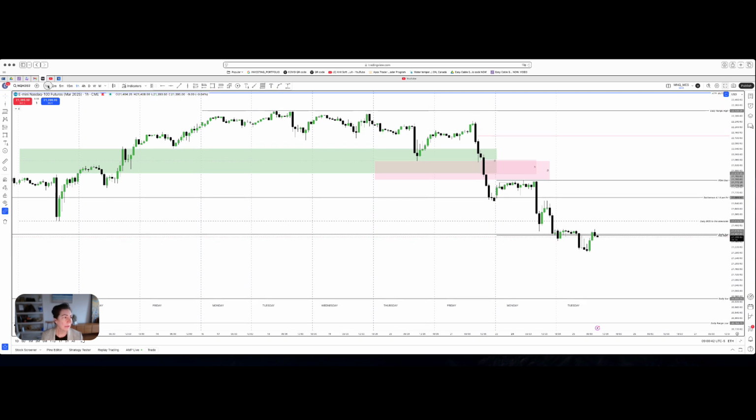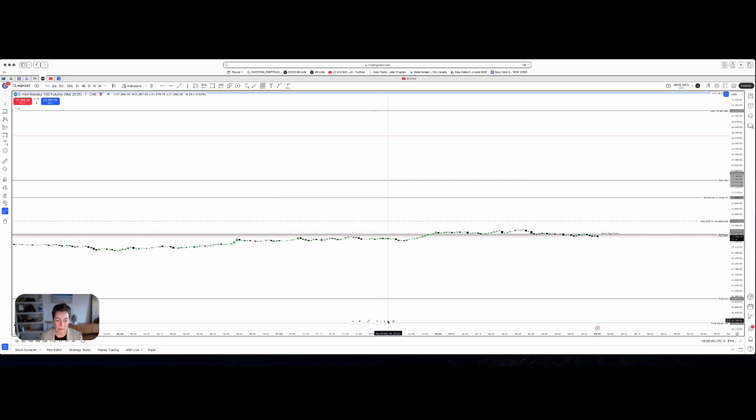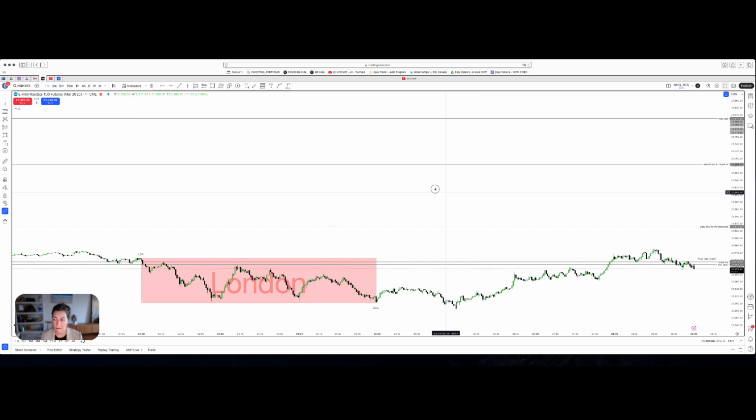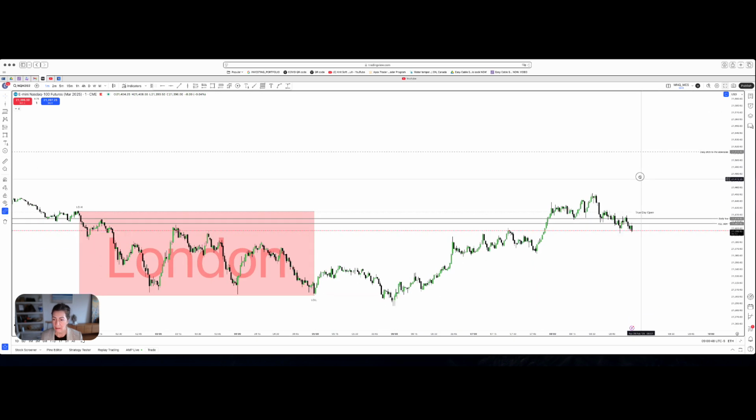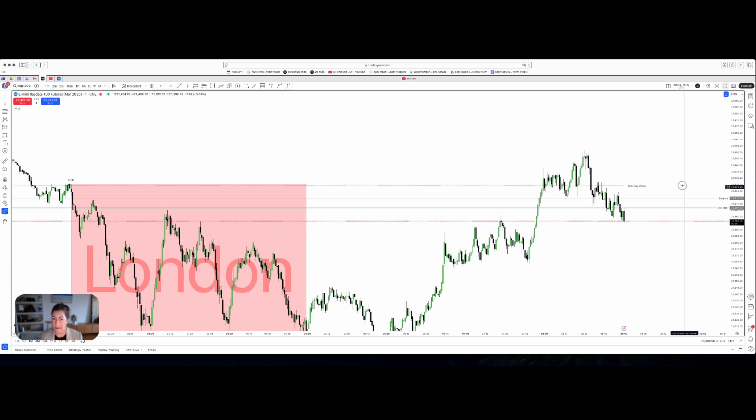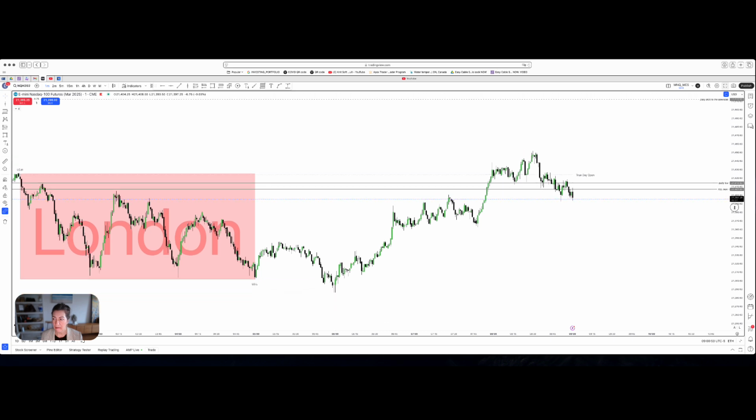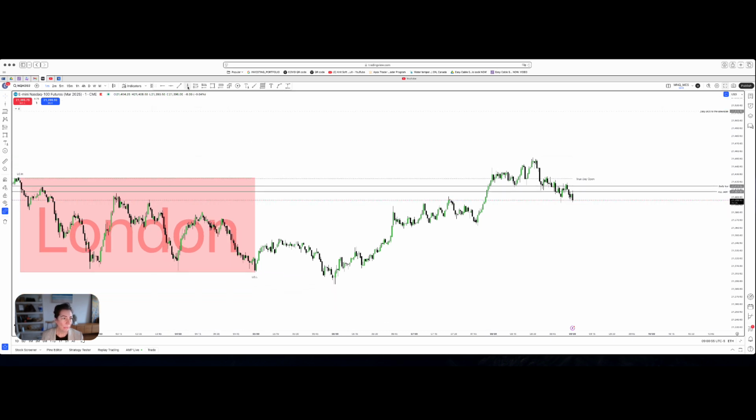Okay, I'm going to go to the 1 minute, and I'm going to put in my session highs and lows and also mark in the midnight and take a look to see if price has been above or below midnight. So put in our vertical lines.